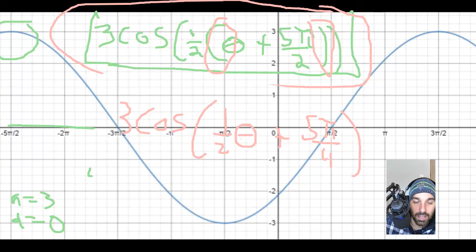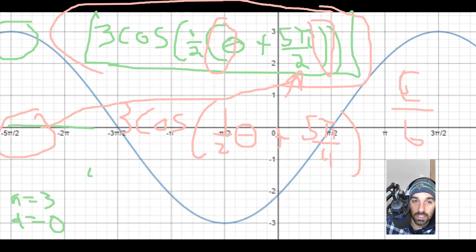Do you see? When I pulled out that 1/2, it makes it look exactly how it is on the graph. But if you don't factor it out, then this is 5 pi over 4, because remember, our phase shift is C divided by B. So if B isn't 1, then you have to factor it out to have this be there. So you can write it either way. Does that help out with your question?